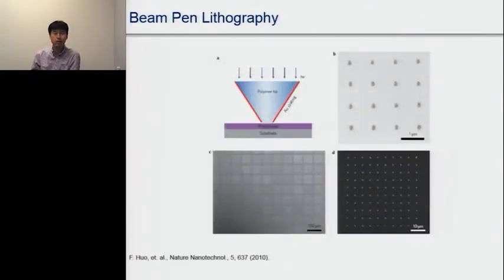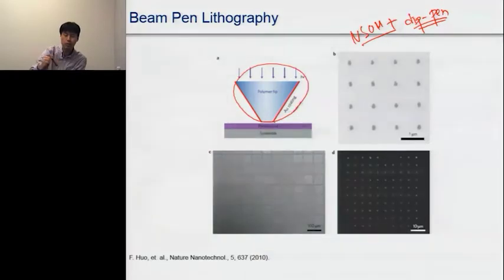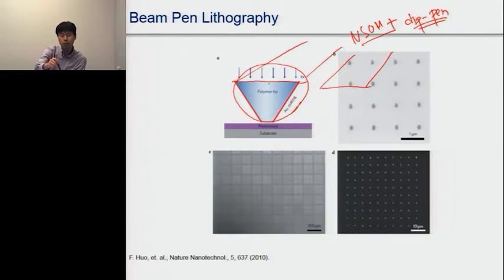Another one is the combination of the aperture and the dip-pen. So this tip looks like a dip-pen cantilever, but it can have multiple tips mounted together, and basically the polymer layer is kind of transparent, and then the gold coating works as an aperture.